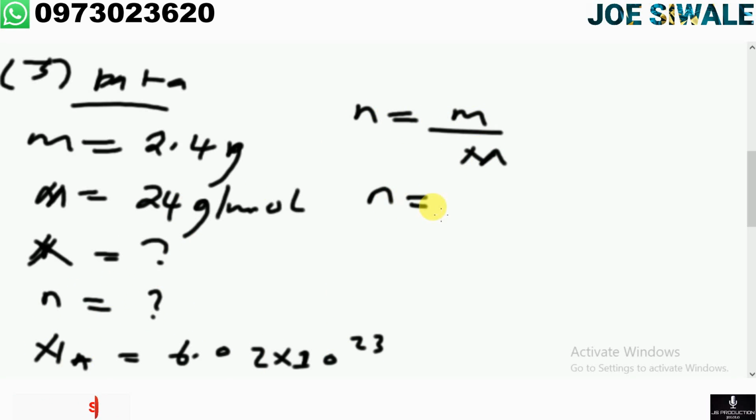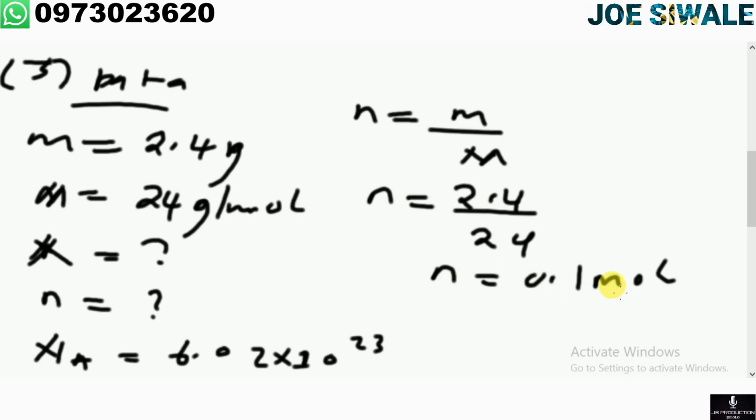So number of moles is equals to mass, that's 2.4 divided by the molar mass, that's 24. So number of mole is equal to 2.4 divided by 24, that's 0.1 mole. Then I'll say x is equals to number of moles multiplied by the Avogadro's number.